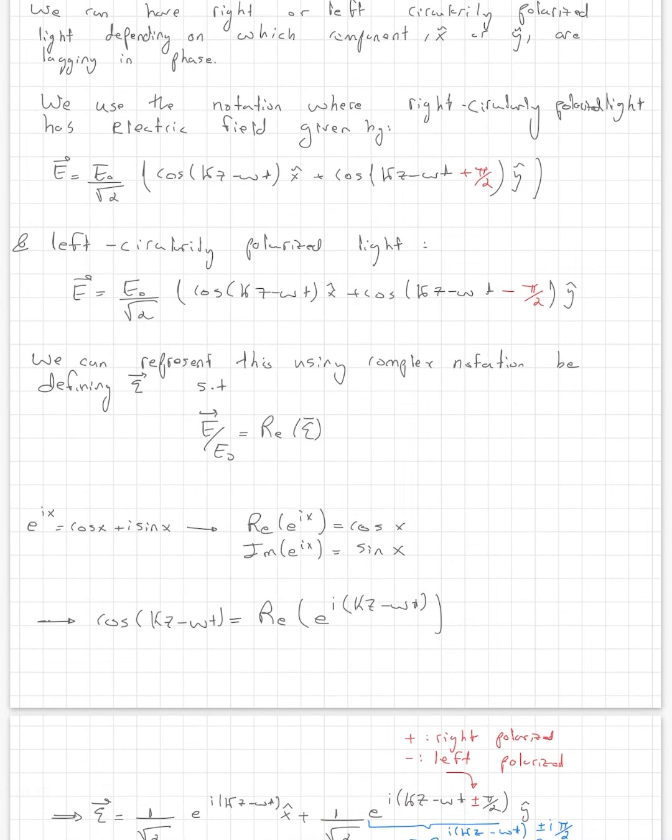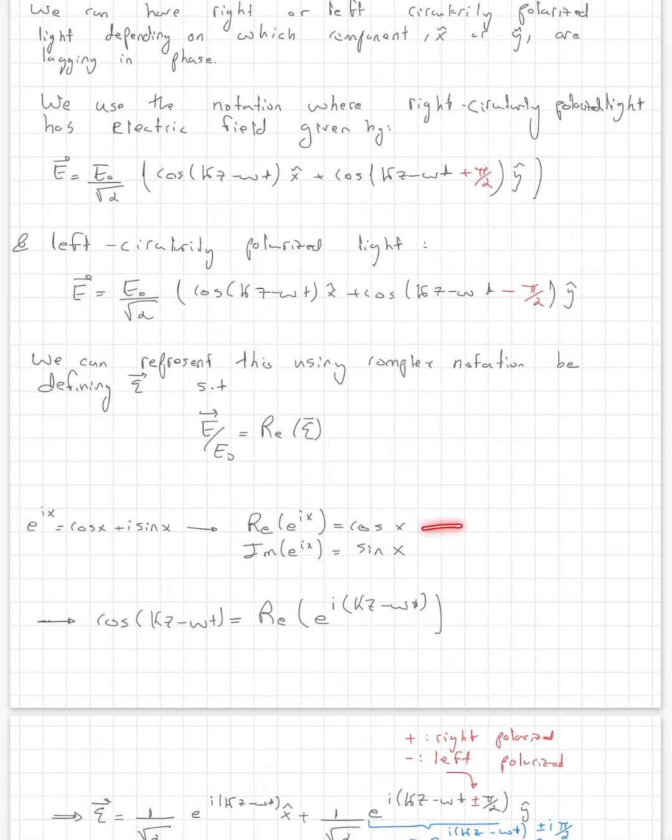So in order to actually represent this, we will move on to using complex notation. We define a new electric field over here, denoted by this symbol, epsilon, such that our fields that we defined previously are actually the real component of epsilon. I'll just give a little side note here in case some of you might struggle with this. We have Euler's formula, which links e to the ix to cos x plus i sine x.